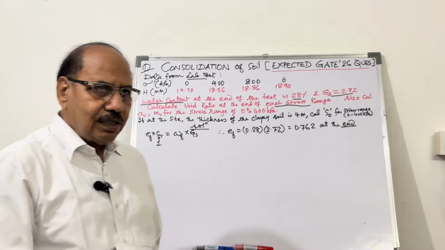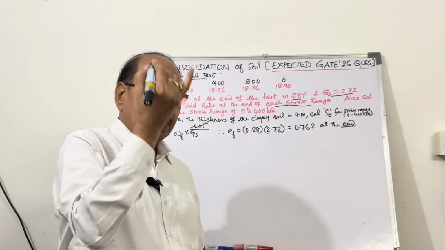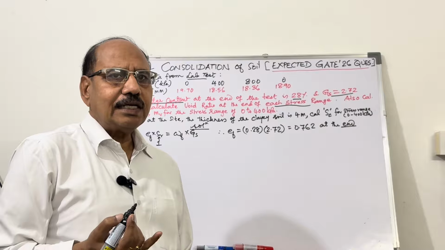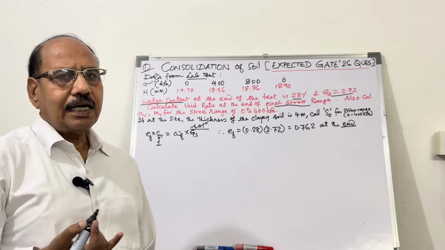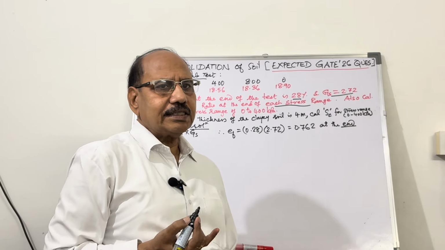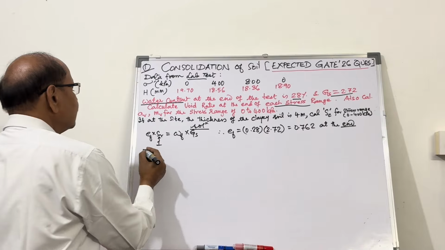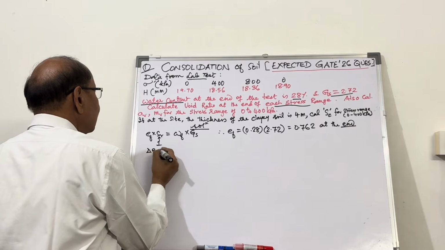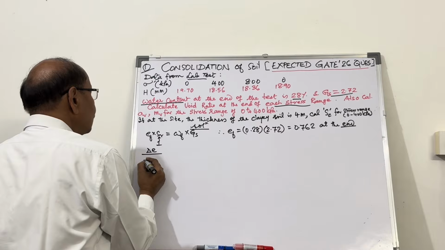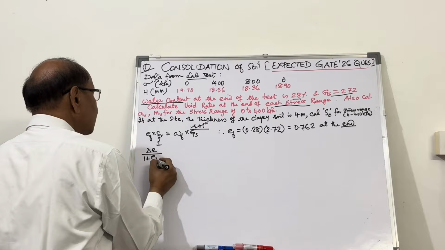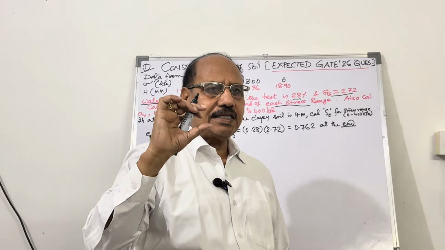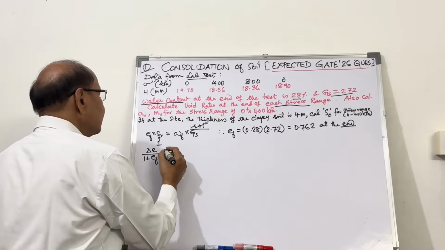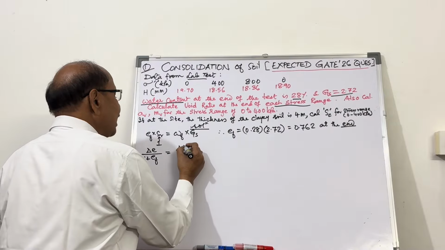Once you know EF, you can go in the upward direction and find the value of delta E. Delta E you can calculate very easily because you know the relationship: the change in void ratio divided by 1 plus EF, and the change in void ratio is related to the change in thickness of the sample.